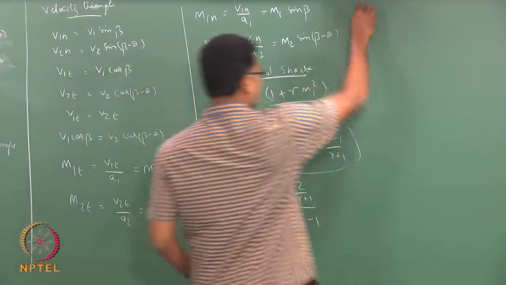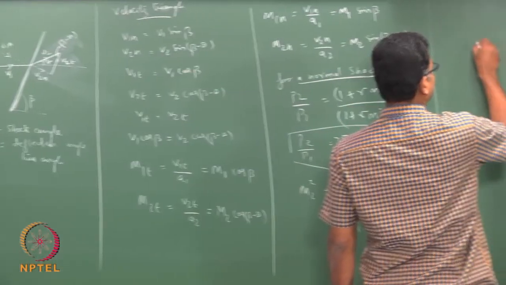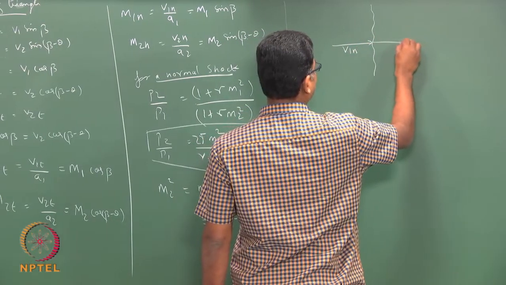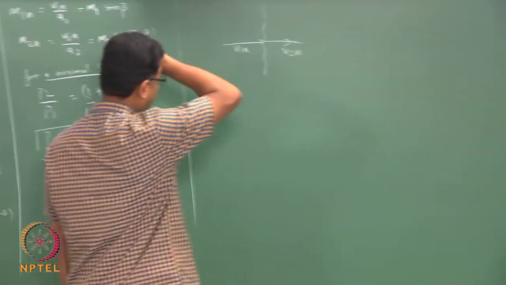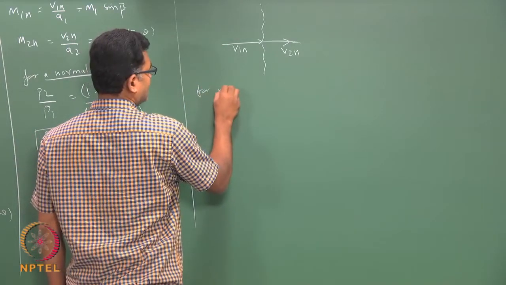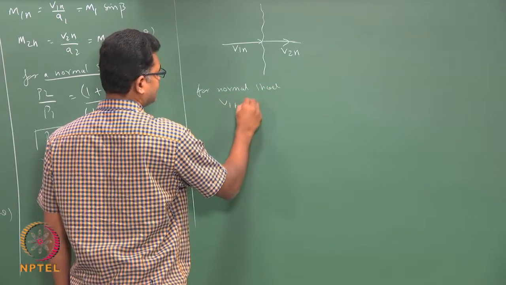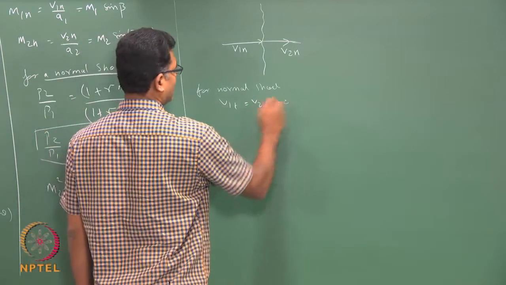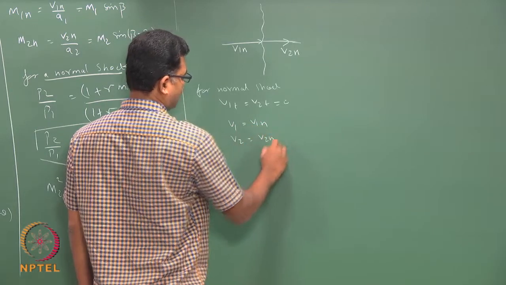But here, if I draw this in a normal shock, what I have here is V1n and V2n. And for a normal shock, the tangential components V1t equals V2t equals 0, and V1 is V1n and V2 is V2n.